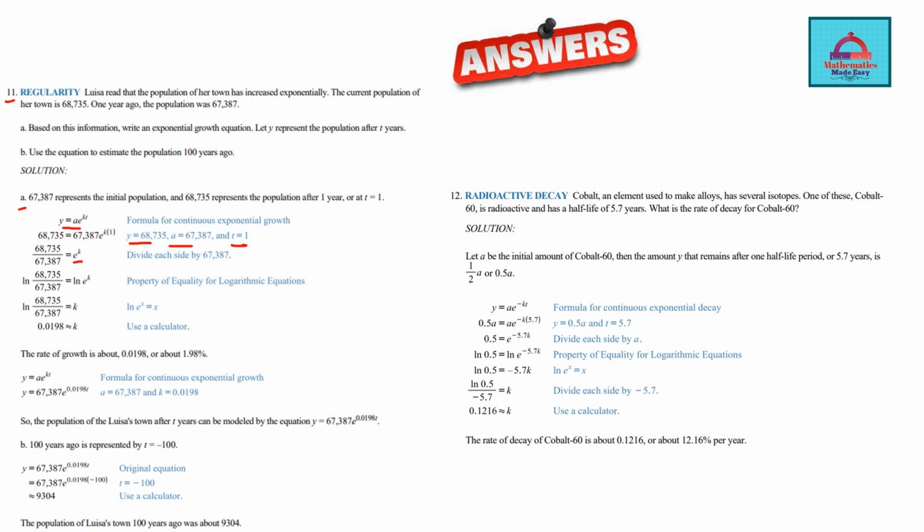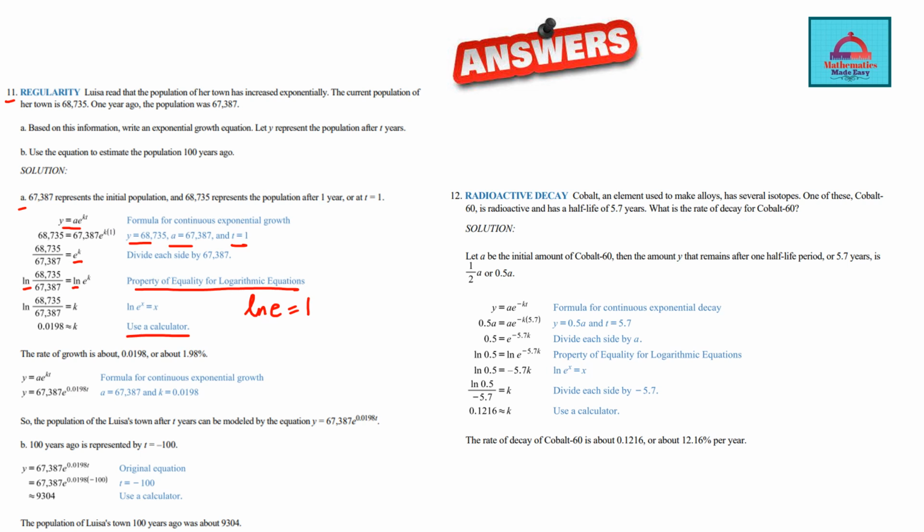And the tip and the trick which I gave you tells you that if you need to find the variable which is in the power, take log of both sides. So I take natural log of both sides and apply the property of equality, which gives you the value of k. Because ln of e to the power k is going to be k, because ln e is 1, right?